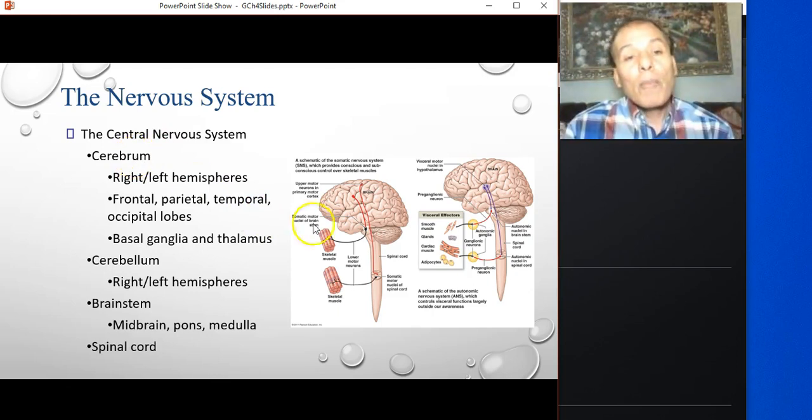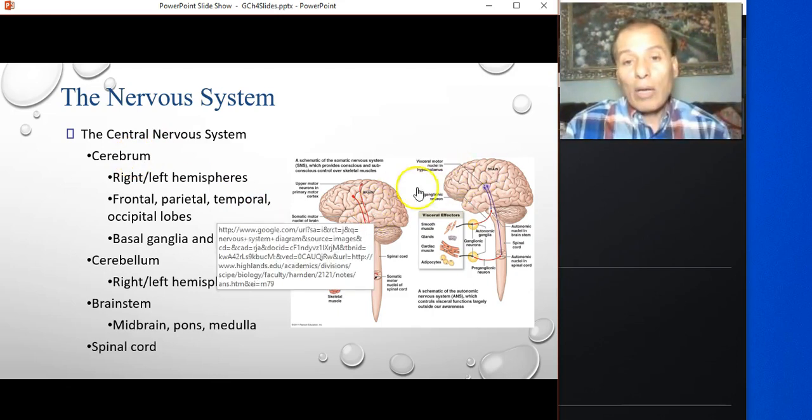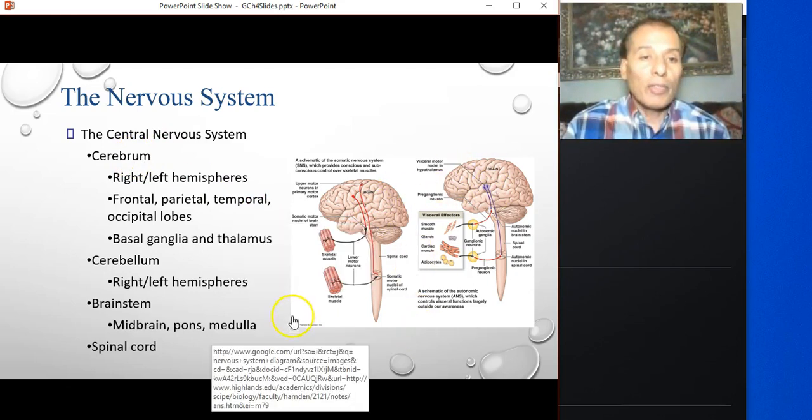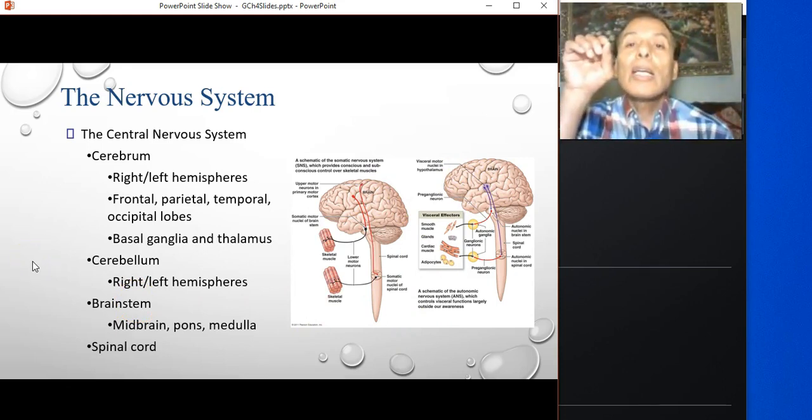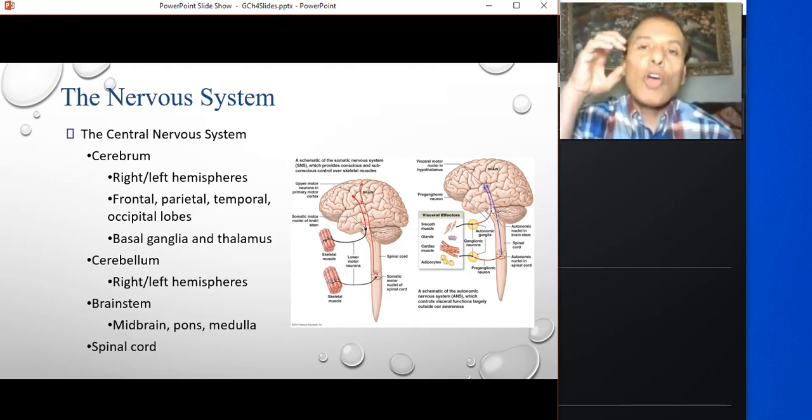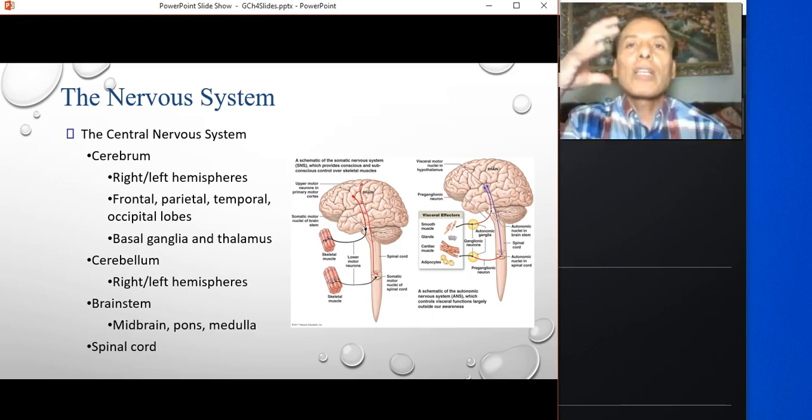So the cerebrum, again, has a right hemisphere and a left hemisphere. The two hemispheres, the two sides, are similar in structure, similar in anatomy, but they are not symmetrical. They are not similar in function. Each one specializes or is dominant for a specific type of functions.